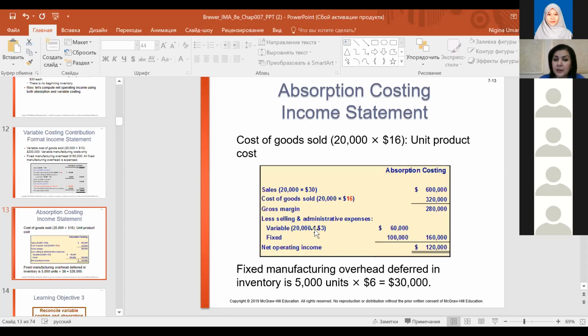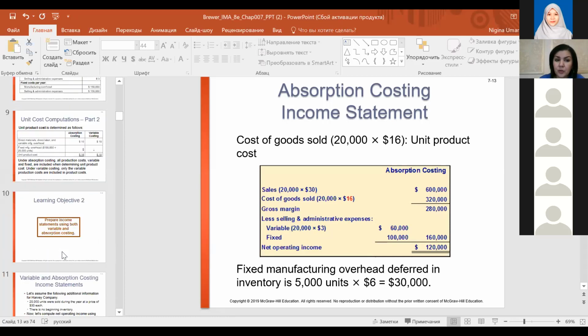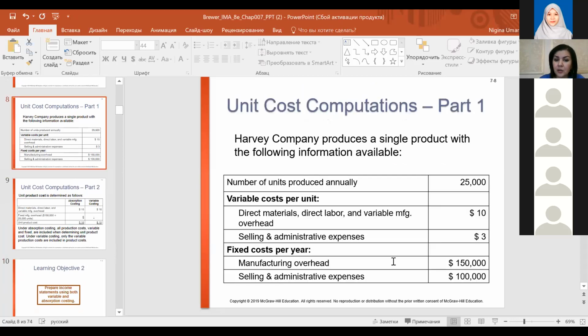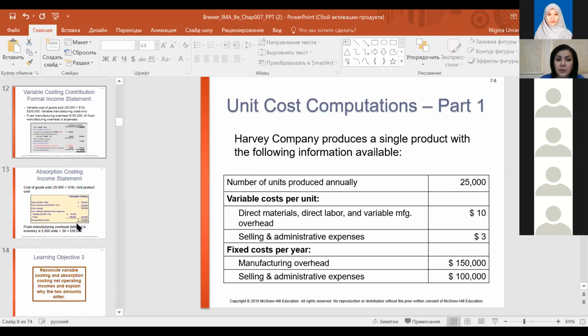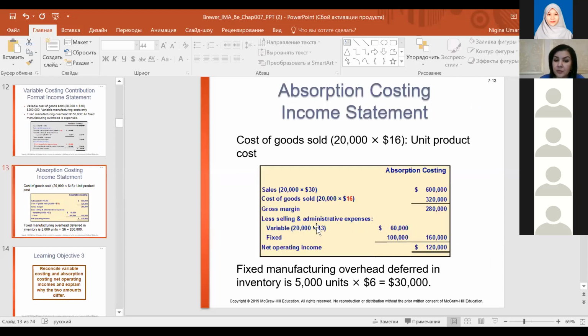Variable selling and administrative: 20,000 multiplied by 3. We derive this $3 from these tables. It's variable, so it depends on the number of units sold. That's why we multiply 20,000 by $3. It's the variable part of selling and administrative expenses, and also we subtract fixed cost. So net operating income equals $120,000.